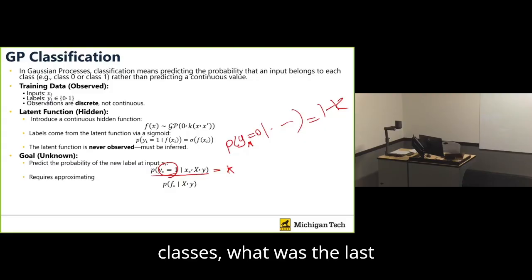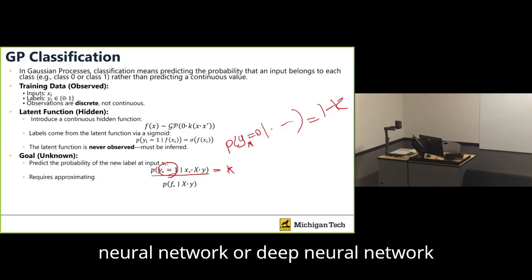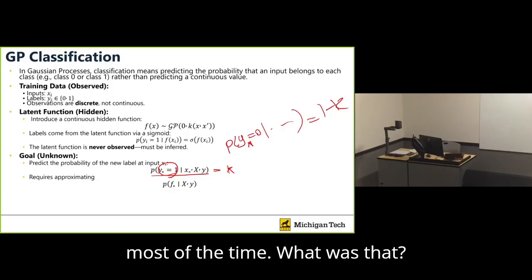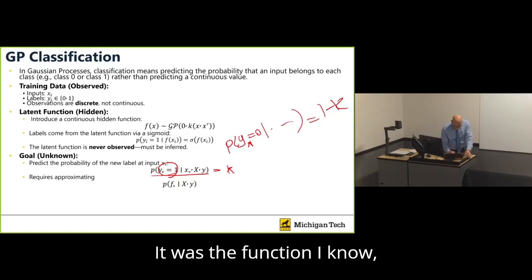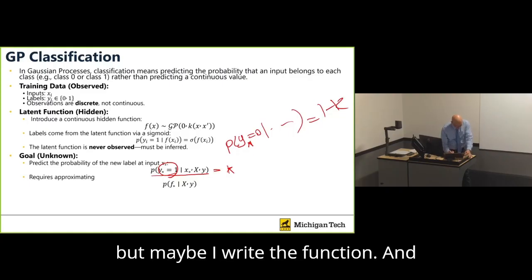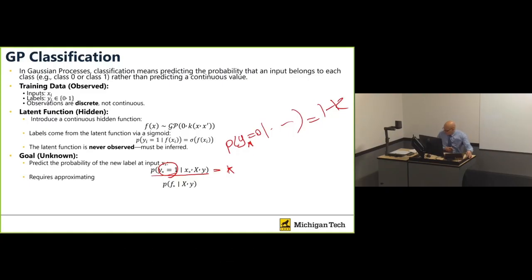What was the last layer of a neural network or deep neural network most of the time? What was that? Do you remember? I forgot. It was a function, I know, but maybe I wrote the function and didn't write it here.